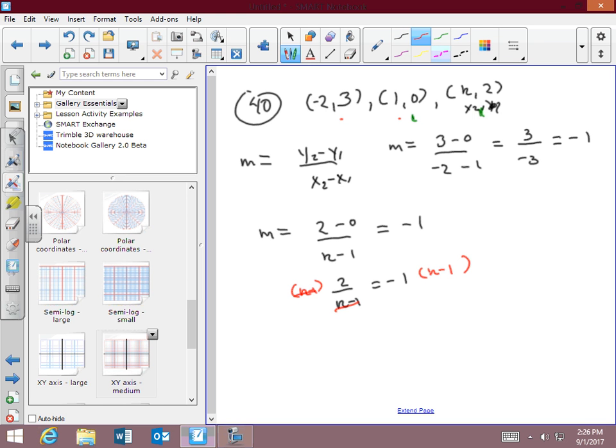This goes out, and then I have 2. And then I have to distribute the minus 1 through there, so it's a minus k plus 1. Now if I add a k to both sides, then subtract a 2.